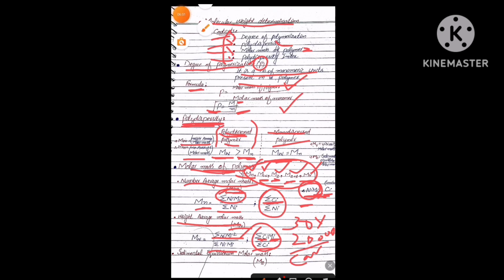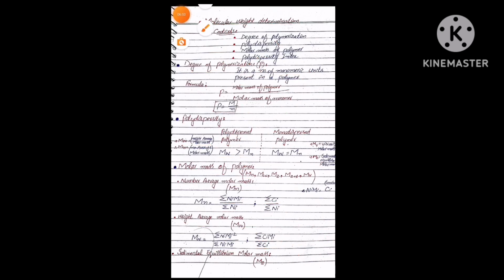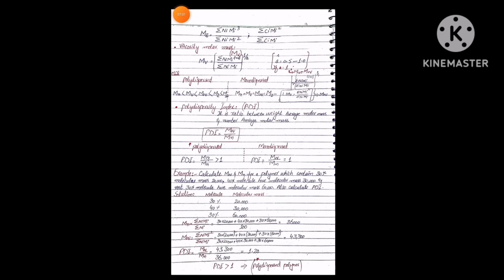The next formula is Mz, the sedimental equilibrium molar mass. Here Mz is equal to the sum of Ni Mi raised to power 3 divided by the sum of Ni Mi squared. We also write it in terms of Ci Mi.